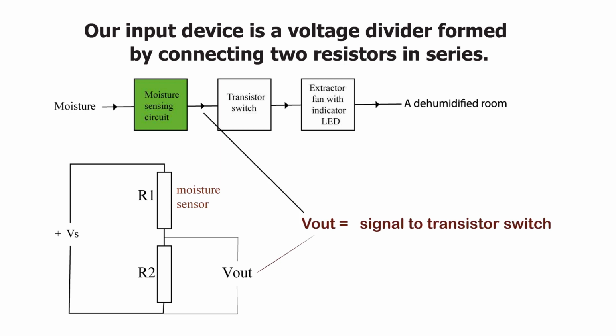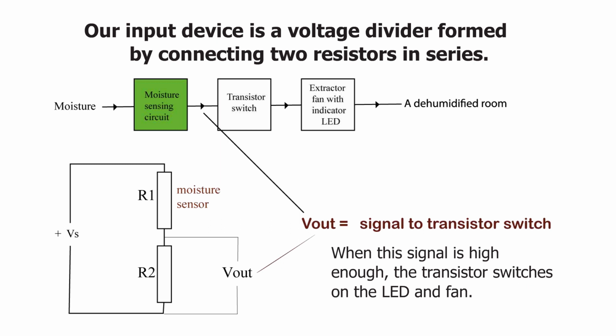V out is the signal, and that's the voltage across resistor R2, and you must always remember that. That's the voltage that gets processed by the transistor switch. So when the signal produced by the moisture sensing circuit is high enough, the transistor will switch on the LED and fan. If it's too low, it won't switch on.